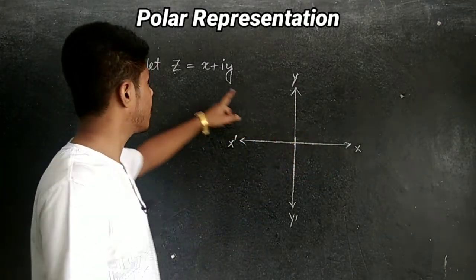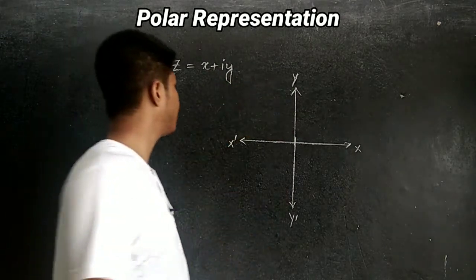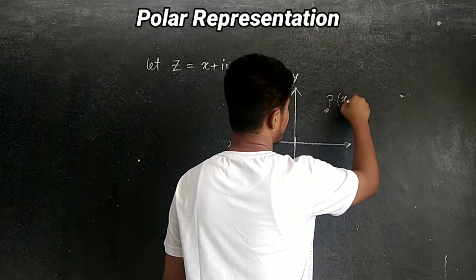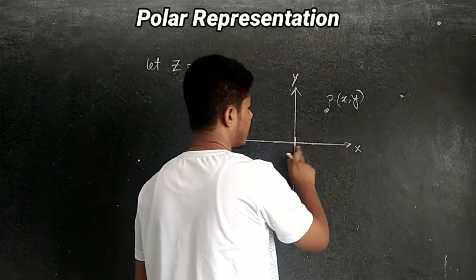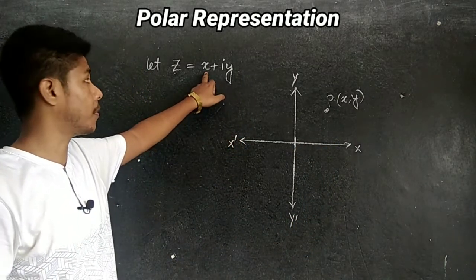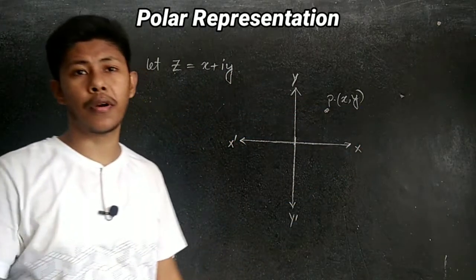The ordered pair is x and y. Suppose this is point P with coordinates x comma y. If you draw the perpendicular, y distance and x distance, we get the complex number x plus iy. In the first quadrant, that's why we write P as x comma y.